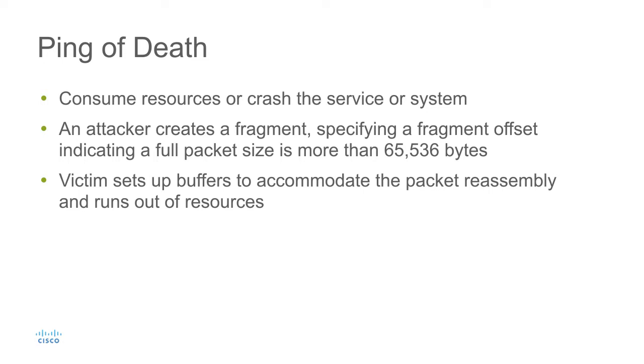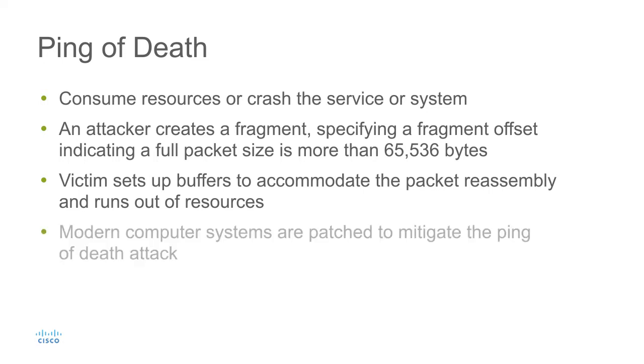Again, this is just another example of a denial of service attack that can be launched. Today, most of our systems are patched against the ping of death. We don't generally see that happening anymore, but it is good to understand that it's a possibility. It is something that could happen. So we want to make sure that we understand that method of attack. We use that to understand how denial of service attacks work.